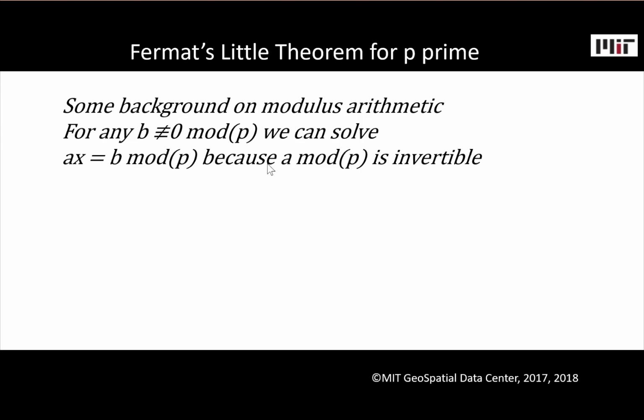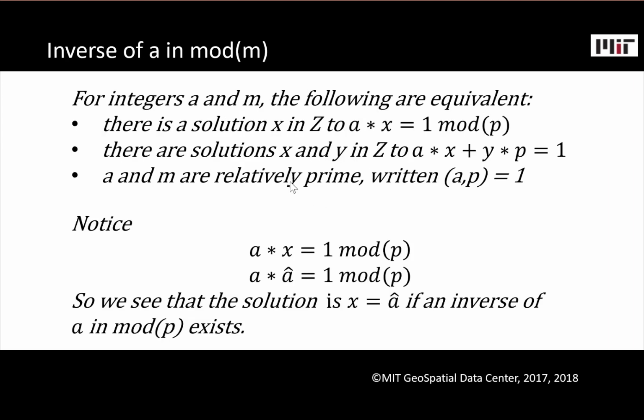Let's take the case where b is 1. So here we've got 1 mod p. Typically it would be a to the minus 1 or 1 over a here, but because we're doing modulus arithmetic, x can actually be a non-zero value. But there is one that will give us a 1 mod p.